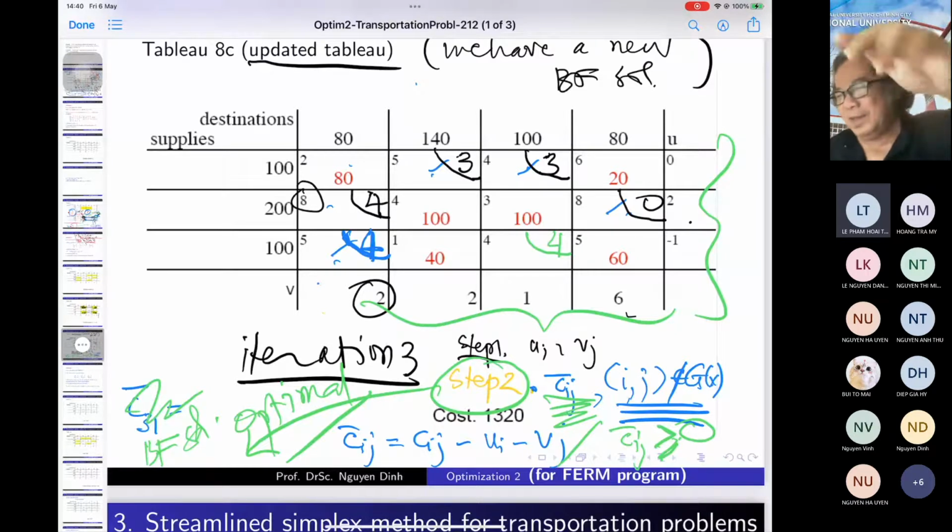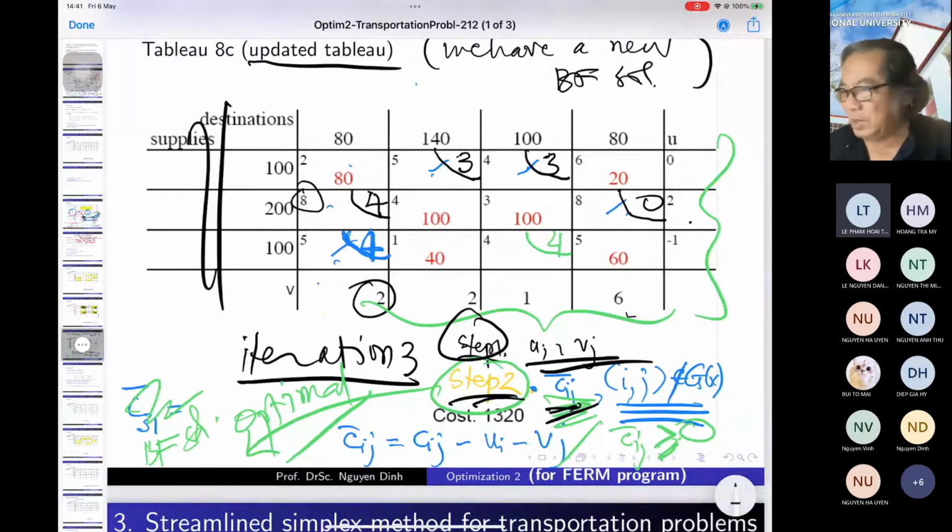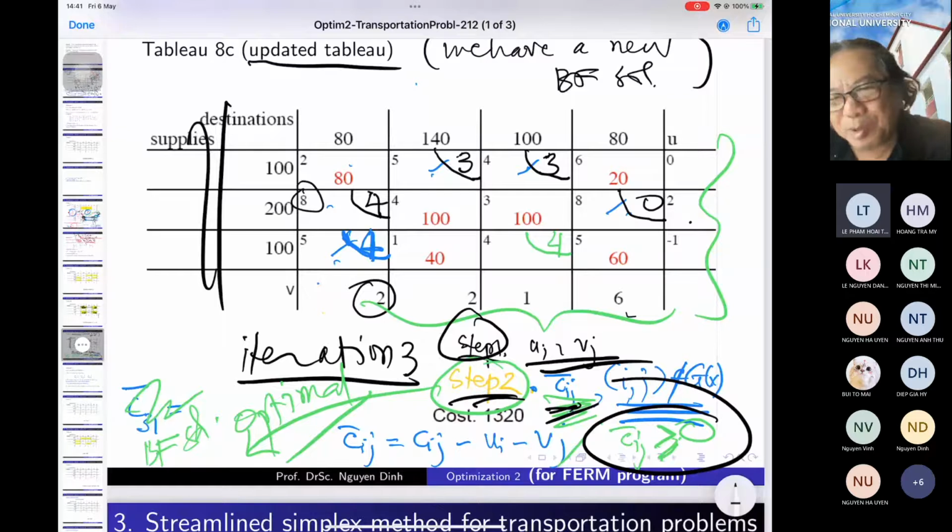Is that okay? And then you start a new iteration with step 1, find Ui and Vj. Step 2, find C bar ij. And in this case, you see all the C bar ij are greater than 0. So we stop and conclude that this is the optimal solution.